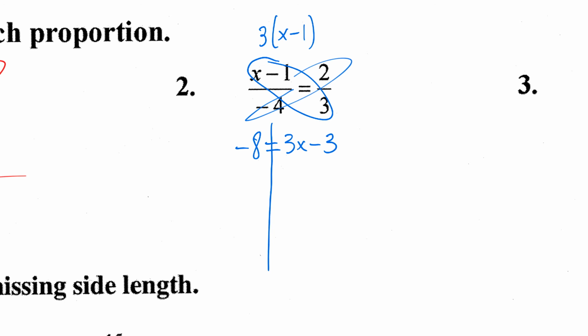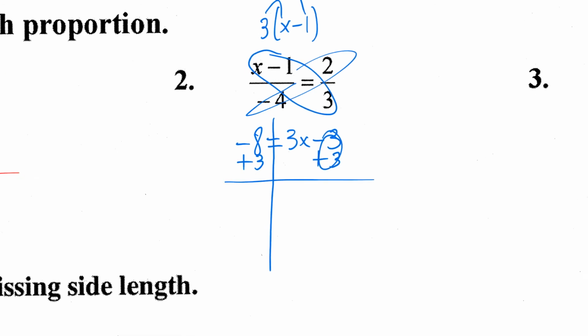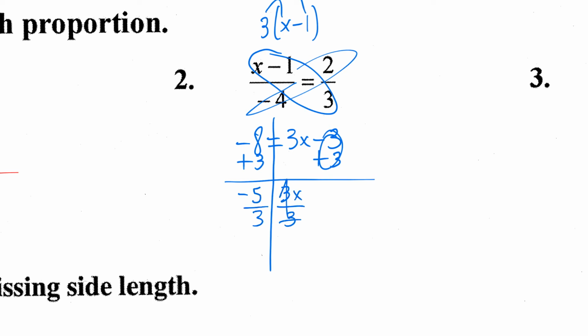Because you got to distribute. So 3 times x is 3x, and 3 times negative 1 gives you negative 3 here. So now we're going to add 3 to both sides, getting the x by itself. So these zero out. Negative 8 plus 3 is negative 5 equals 3x. Divide by 3. And can't really simplify that. You could get a decimal on it, but I'm just going to leave it as negative 5/3.